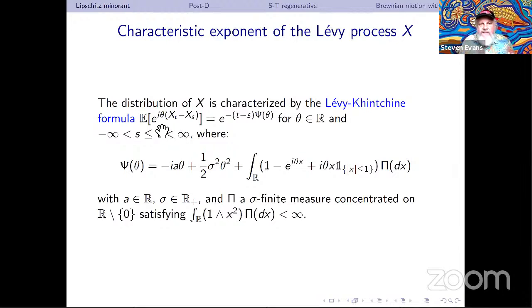And so when we look at its characteristic function, it has a Lévy-Khintchine exponent, and the exponent is of this form here, where A is in the reals, a drift term, a Brownian variance term, and a Lévy measure pi that satisfies the usual integrability condition.